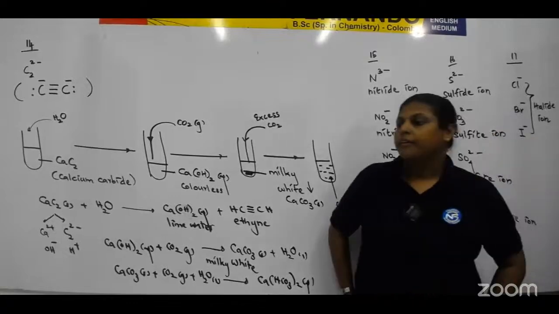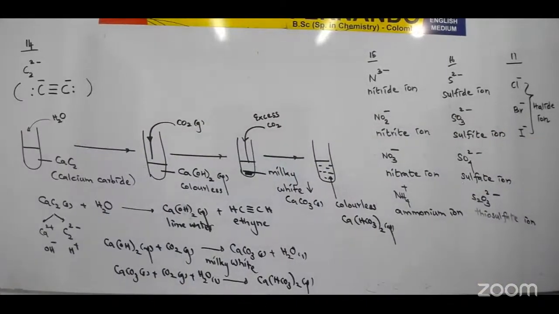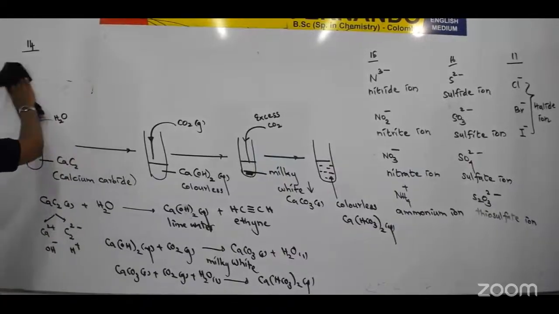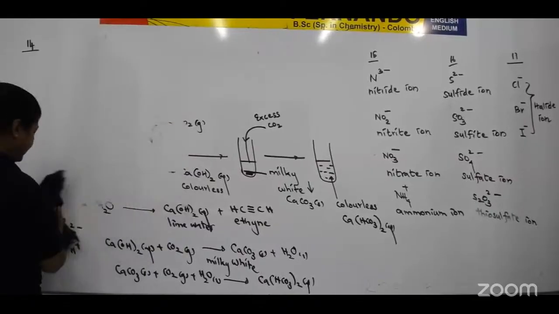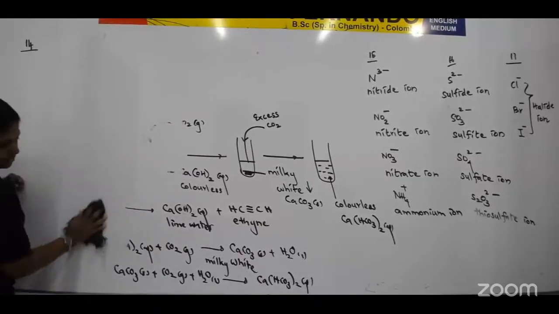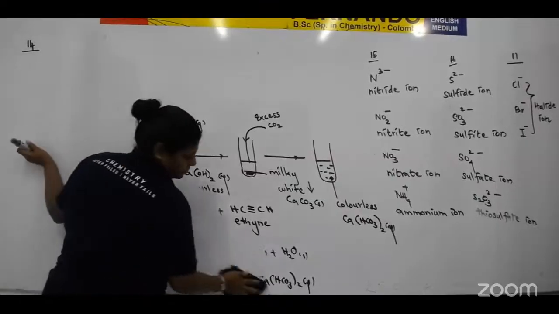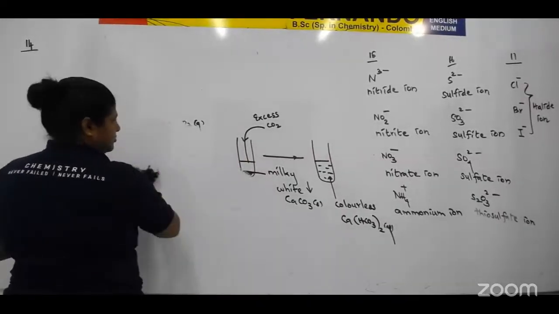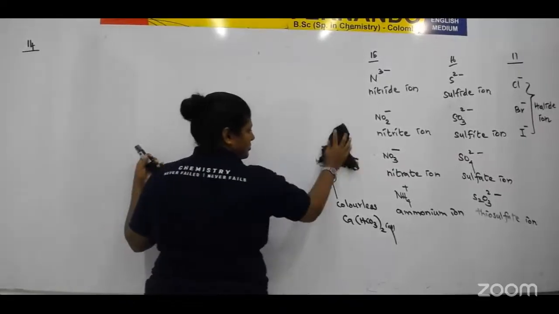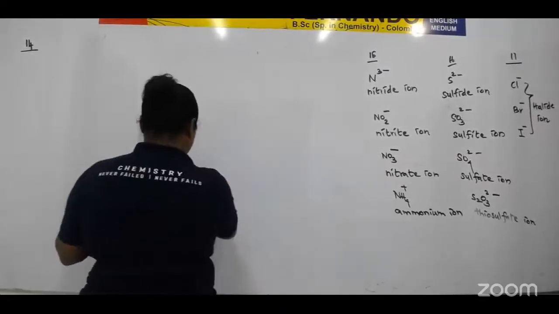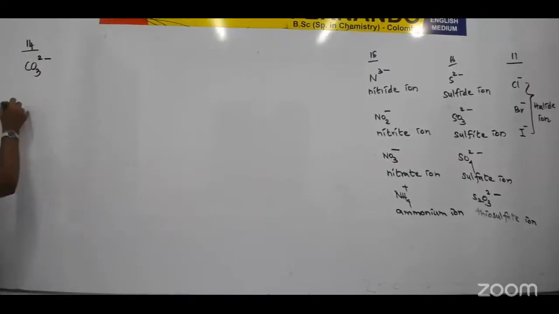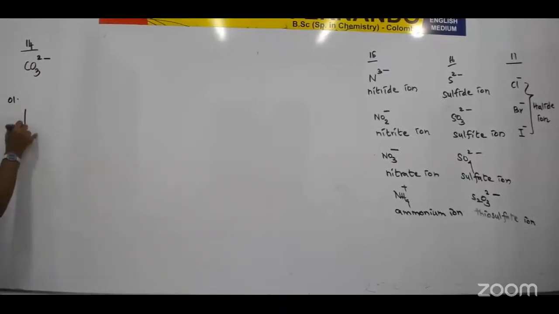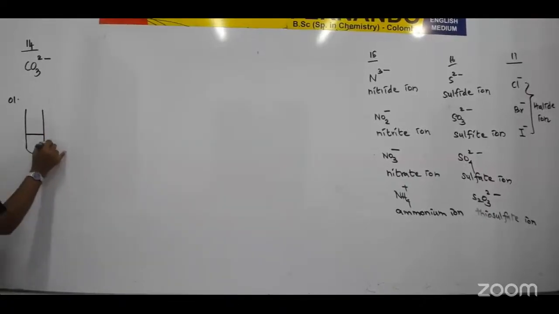Okay. Right. Then the second ion is carbonate. The first test to identify carbonate is test 1, dilute acid.